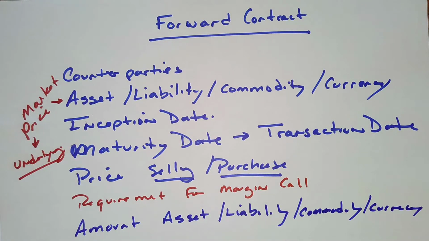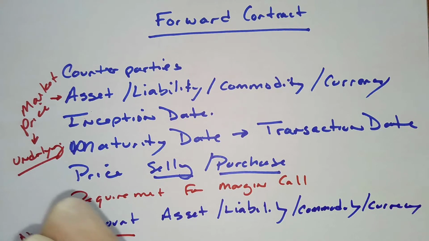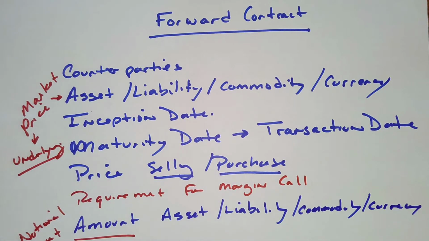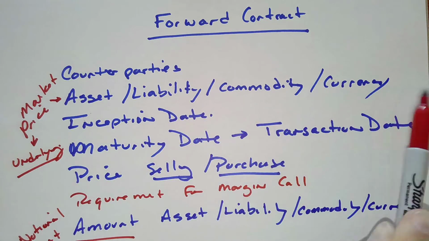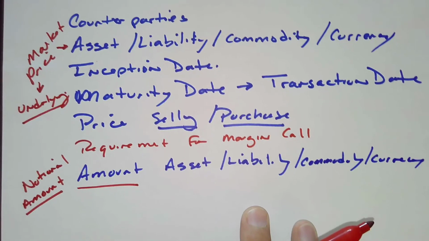This, as you might imagine, is the notional amount. So whatever the market price is of our asset, liability, commodity, currency, that is your underlying, and the amount of the asset, liability, commodity, and currency, that's going to be your notional amount. Okay? That's going to be your notional amount.